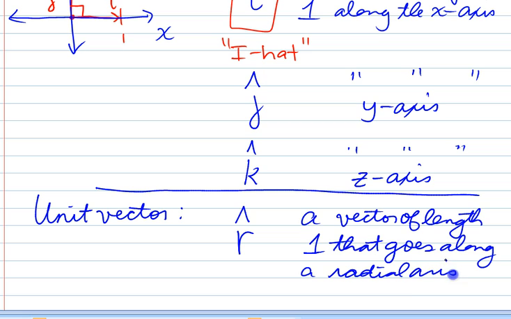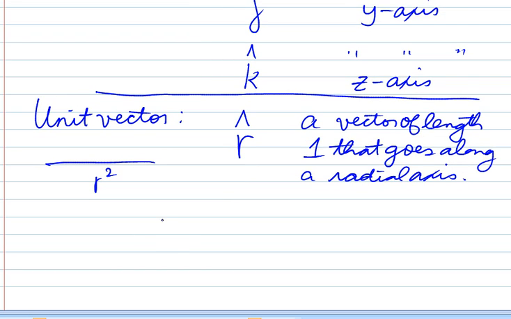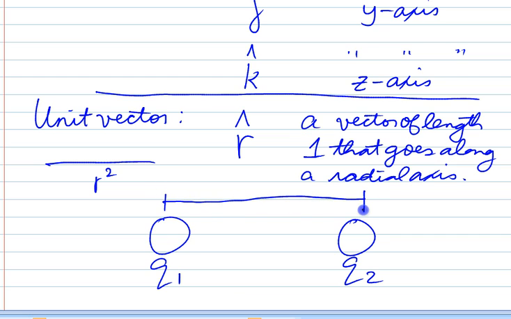You might see where I'm going with this: in all of our force equations we have blah blah blah over r squared. Well, what does that r really represent? If I have q1 and q2, r represents a vector between the two of them. And up until now, we've only been talking about the distance r.